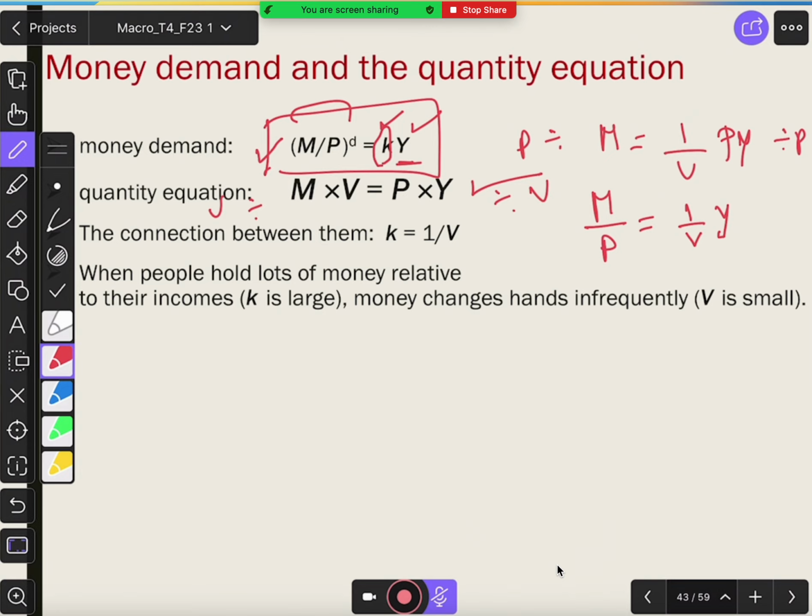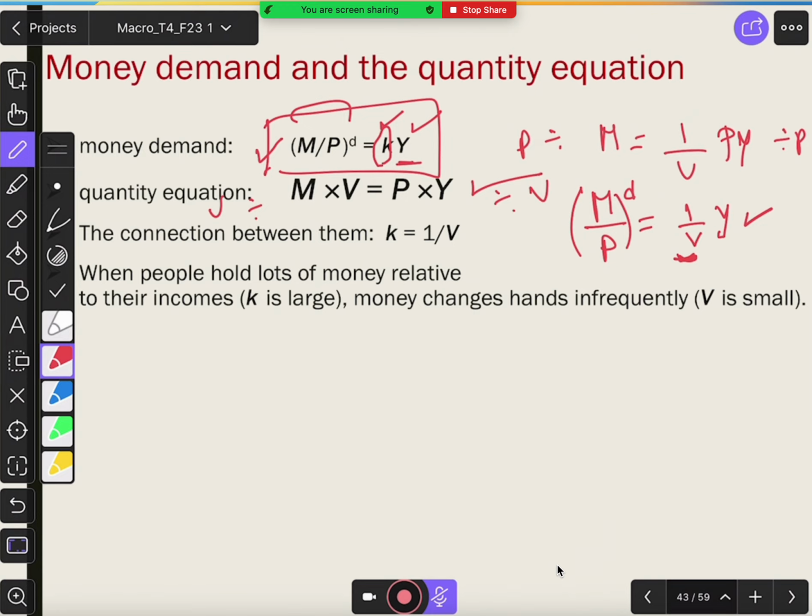And we call this one the demand for money. So the demand for money is dependent on the velocity of money and the income, or the GDP, in the economy.